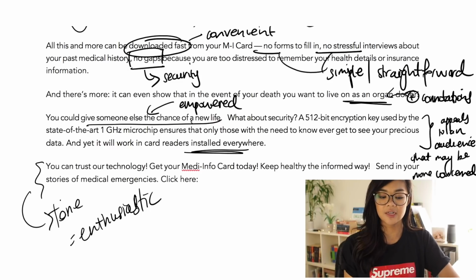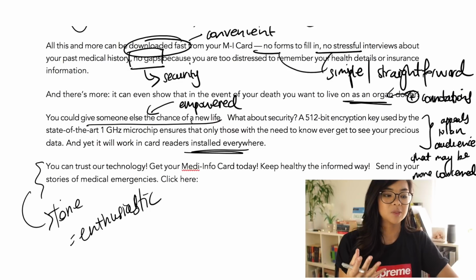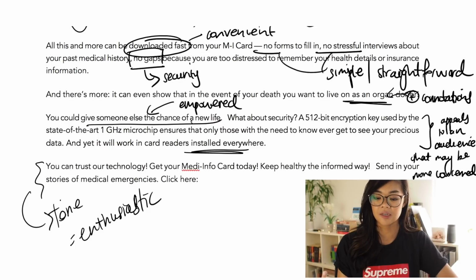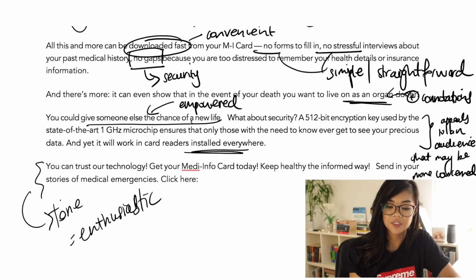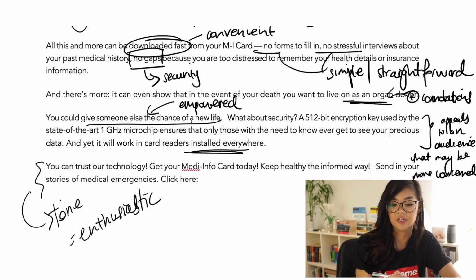What about security? So all of this section here could, maybe you could say, specifically appeal to an audience who might be more concerned about security and about the information being put online or into this tool. So then the rest of it's pretty straightforward as well. Work pretty much anywhere.